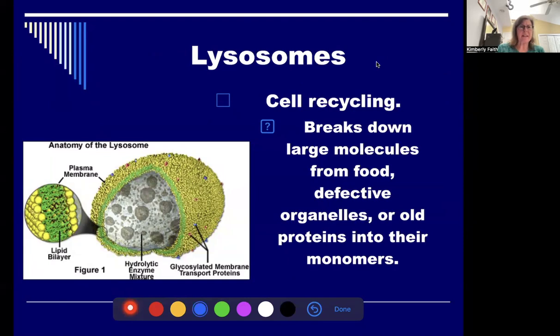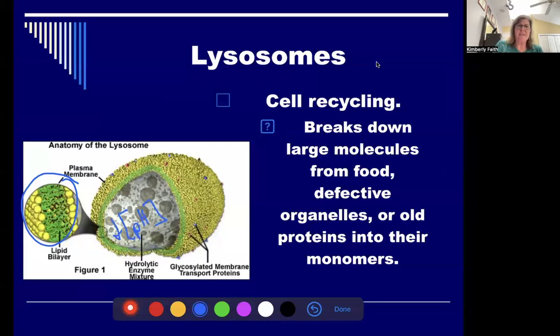We also have what's called the lysosome. Notice again, we have a lipid bilayer there. Inside is very acidic. So inside here, our pH is very low. With that, the enzymes in there require a low pH to be functional.